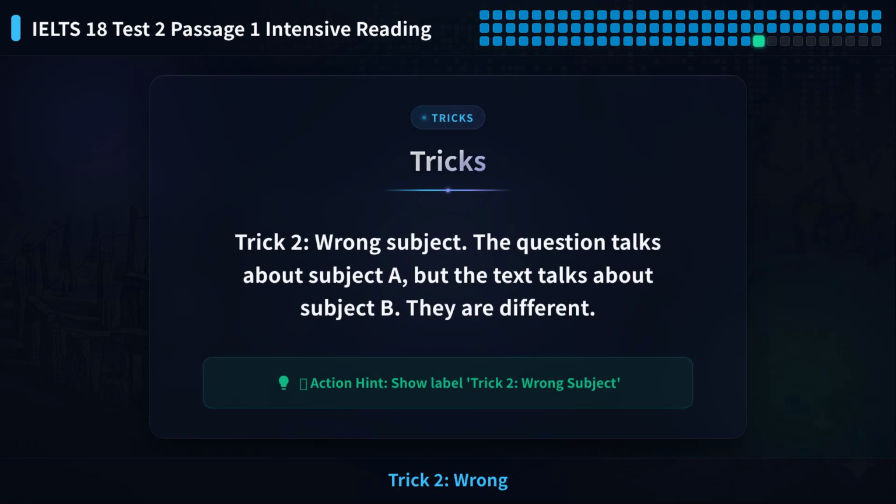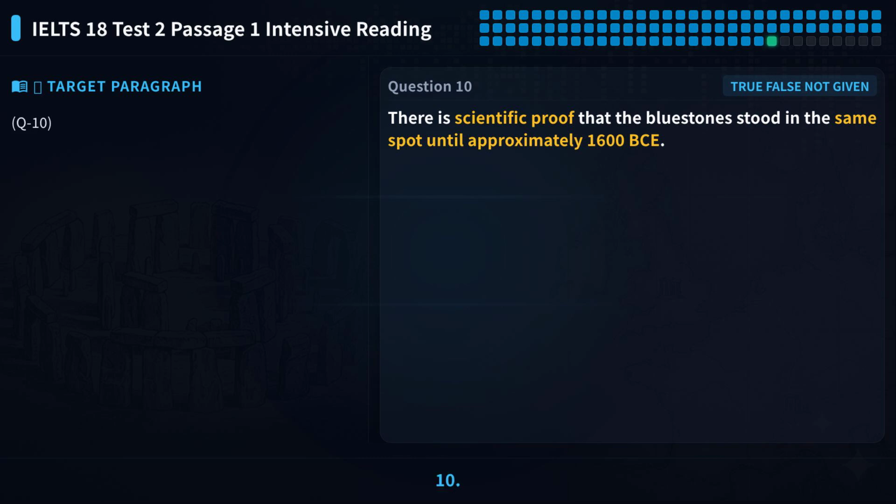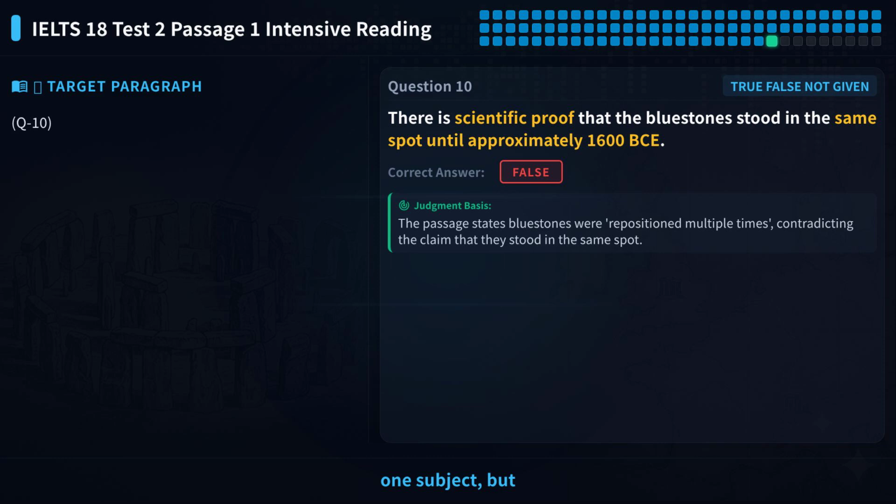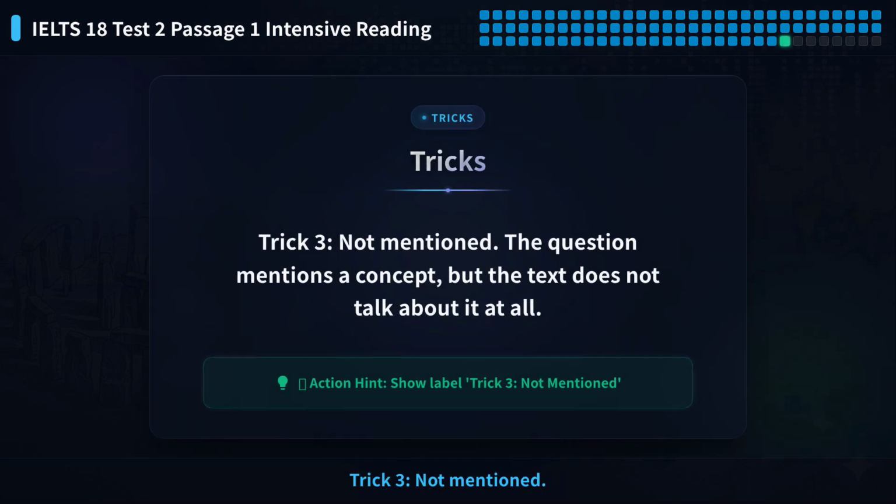Trick 2, wrong subject. The question talks about subject A, but the text talks about subject B. They are different. For example, question 10. The question mentions one subject, but the text mentions a different one. They are not the same, so the answer is false. Trick 3, not mentioned.